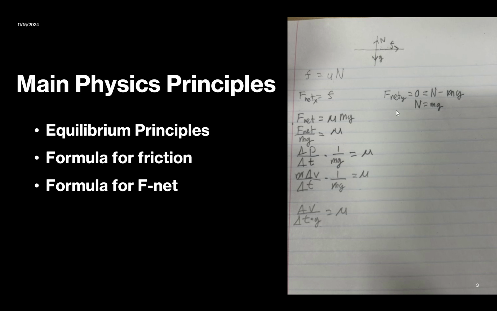I rearranged F net y to be n is equal to mg, and then I plugged the n into F net. So F net is actually just dp dt times 1 over mg, and then I split up momentum and canceled out my masses. And then I had delta v over delta t times g is equal to mu.